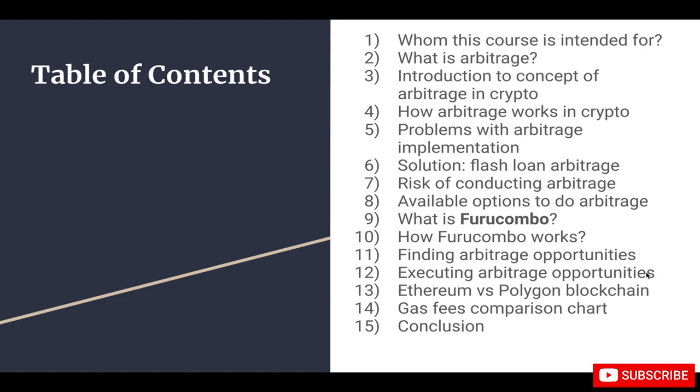After learning how to find opportunities, and you found one, hey, actually I found one, there's a huge price difference between this coin on DEX A and another coin on DEX B. So we're going to perform the arbitrage and generate profit from this trade. And I will show you a step-by-step tutorial on how to actually do it. That's chapter 12. I'll say chapter 12 is probably the most important part of this course, since this is exactly the main point of this course, right?